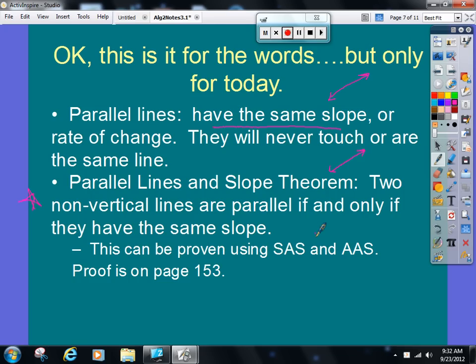If you know two slopes are the same, then you know they are parallel. This if and only if, you know, from geometry, makes things go back and forth. This can be proven using the side-angle-side and angle-side postulates. You can look on page 153 if you're interested in that proof. Some of you are thinking about taking math further into college. You should start looking at those proofs because they start you off with some really nice ones here. It's not going to be pertinent to everyone though, so I didn't require it.